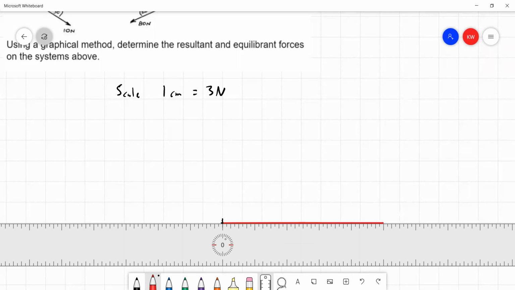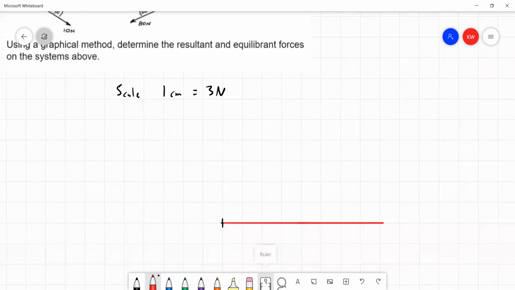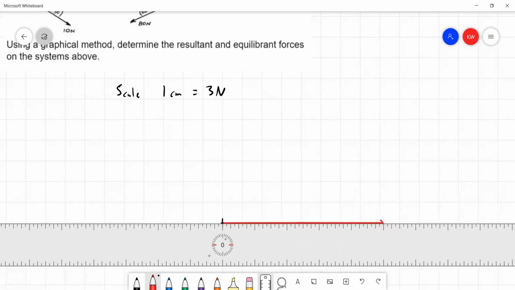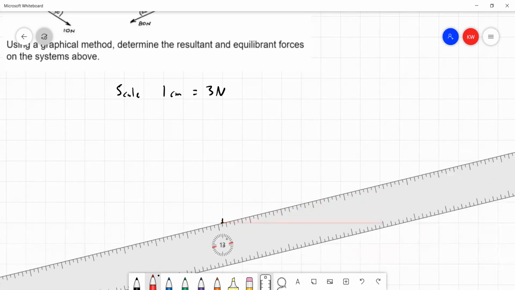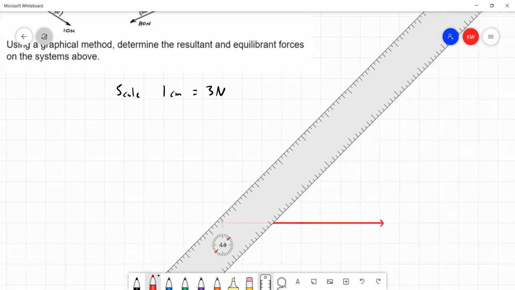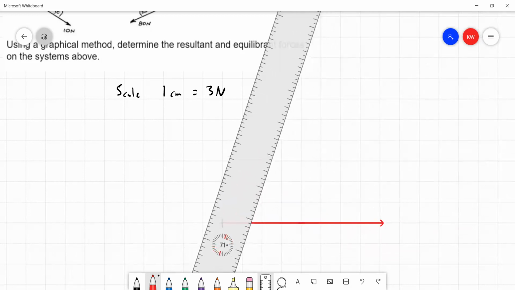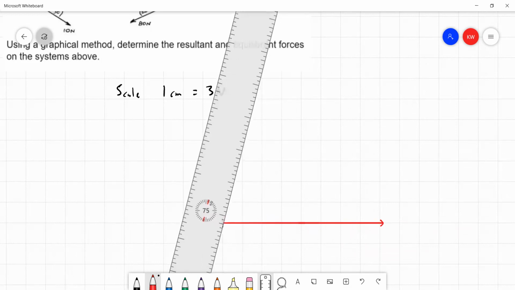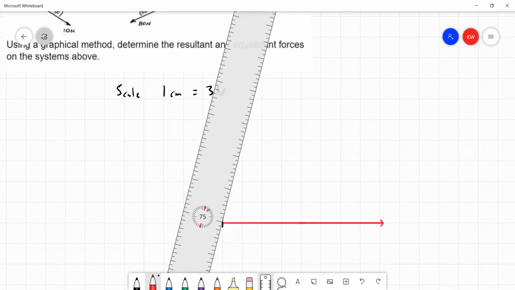So we have our first vector drawn in here. And again, we always put a little arrowhead on our vectors to show the direction. We're going to measure up 75 degrees from this line to draw in our second vector. Line up our ruler with the starting point, and this vector is 15 Newtons, so in this scale will be 5 centimetres long.